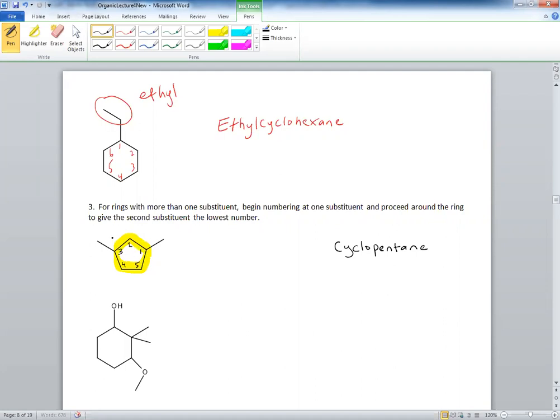In this case, you have a 1 and a 3. So you do have to include the 1 now as a frame of reference. So we say 1,3-dimethylcyclopentane.